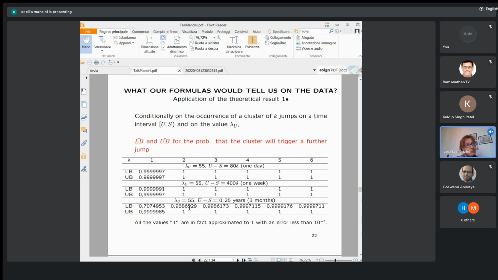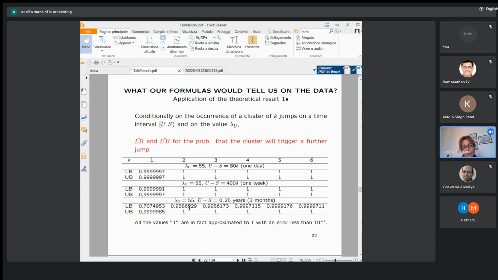So the model tells us that the jumps are very persistent. In particular, the persistency parameter is beta. The exponential kernel has exponential of minus beta x.